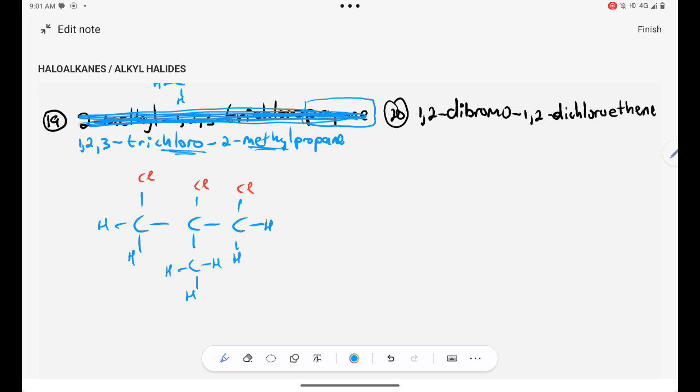Okay, number 20. I have 1,2-dibromo-1,2-dichloroethane. What? Oh, that's ethene. Ethene has 2 carbons, and then it has a double bond between those 2 adjacent carbons. Are you together?